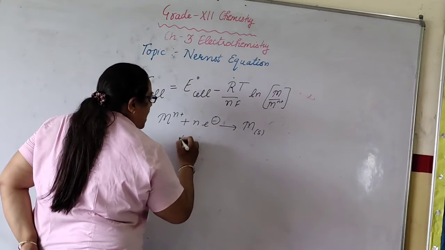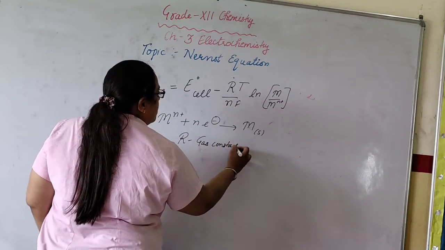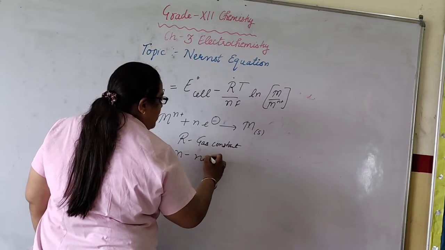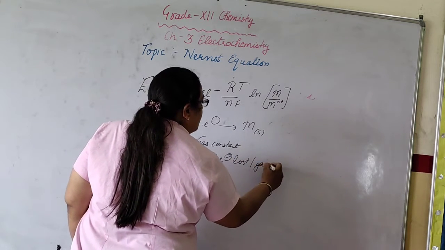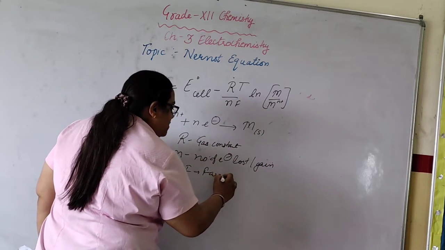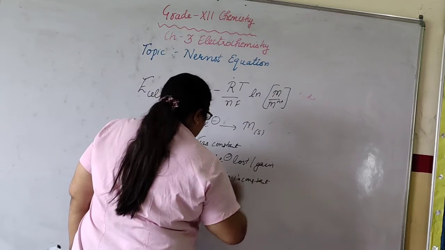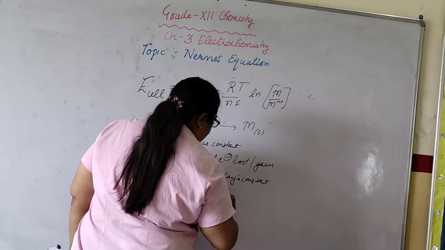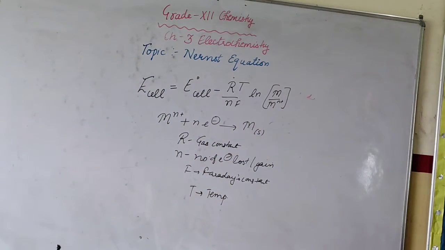Now what is this R? R is your gas constant, n is your number of electrons lost or gained, F is your Faraday's constant, and T is your temperature. This is the general Nernst equation for a particular atom in non-standard conditions.